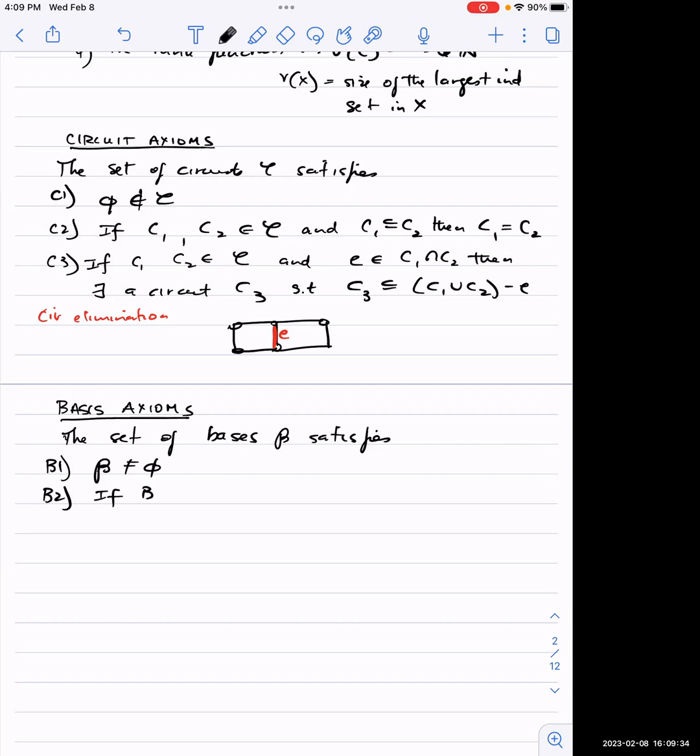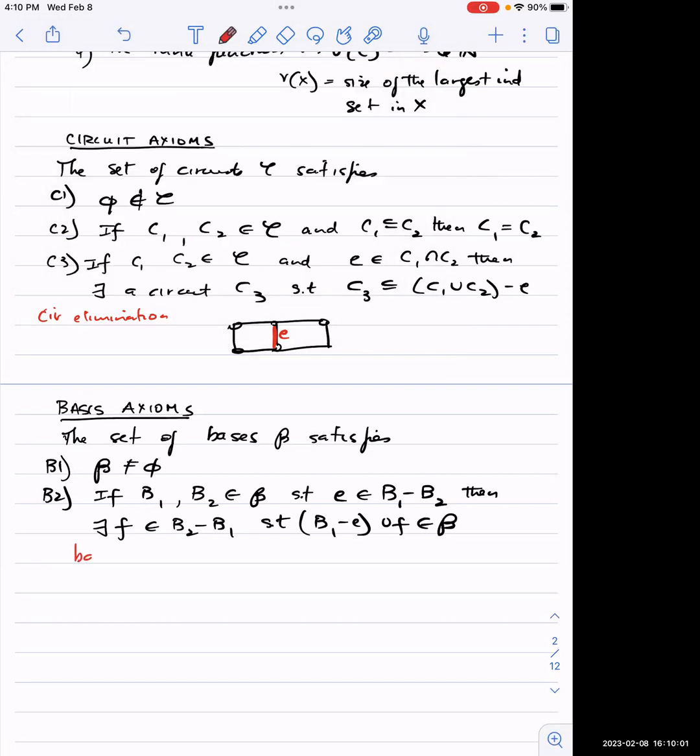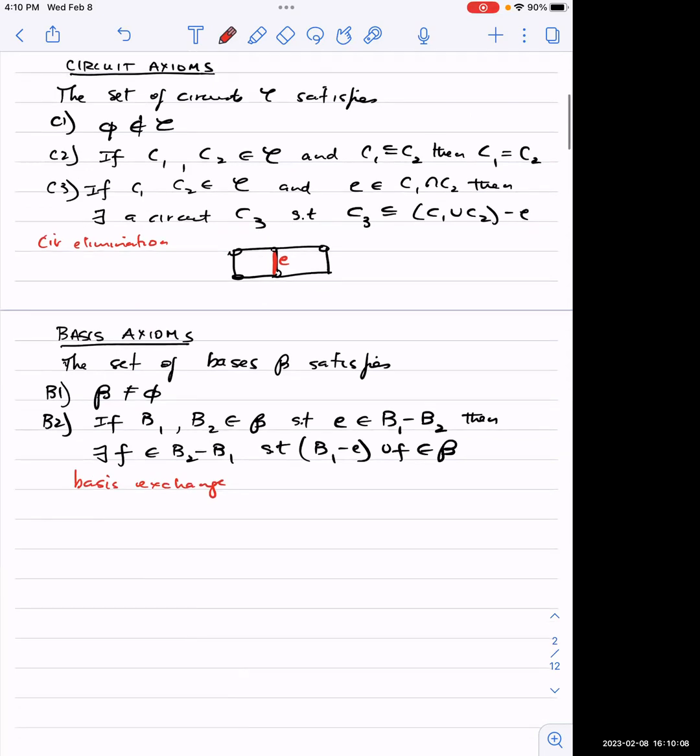If B1 and B2 are bases such that e is in B1 minus B2, then there will be an f in B2 minus B1 such that B1 minus e union f is a basis. And this is what we call the basis exchange axiom. This is exchanging one element for another.